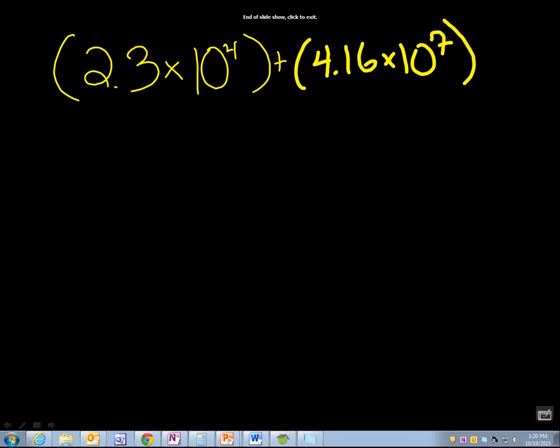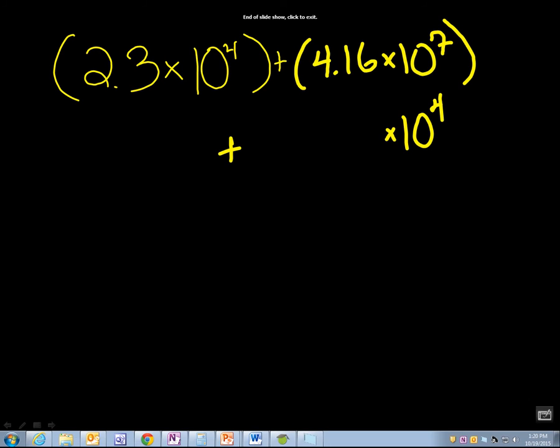I want these all to be the same exponent, and I can go high or I can go low. So I'm going to make the adjustment for, let's see, in the notes, did they like to go low or high? They went to the lower one. So I need to make this guy be 10 to the fourth.